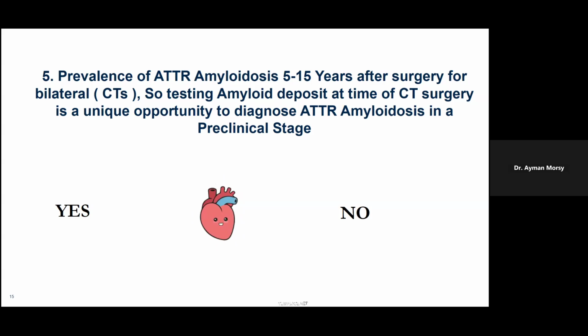That's why in non-specialized hospitals we inform our colleagues in a very gentle way: if your patient has bilateral carpal tunnel syndrome, when you perform surgery, if you don't mind, take 1 more minute to take an amyloid deposit and send it to your lab to diagnose cardiac amyloid.